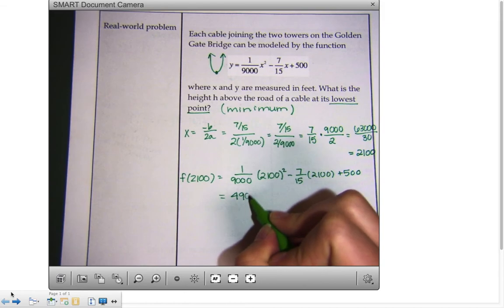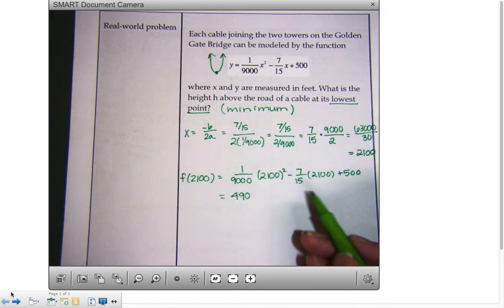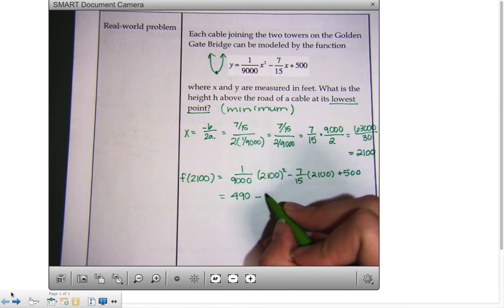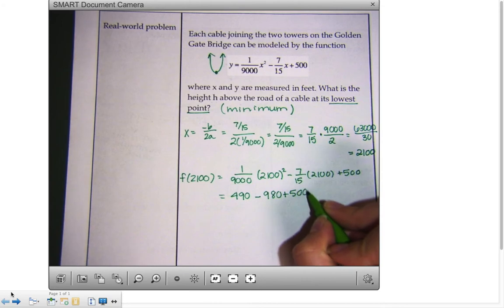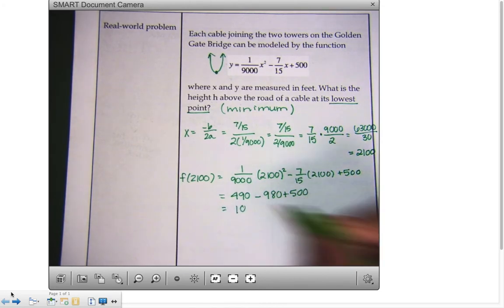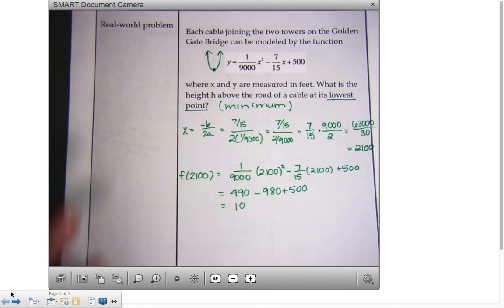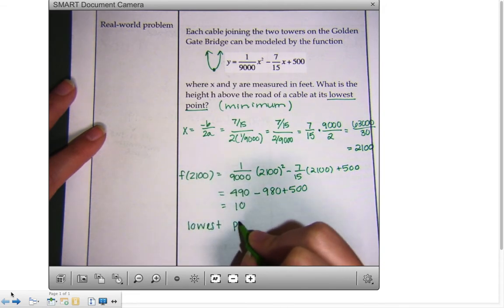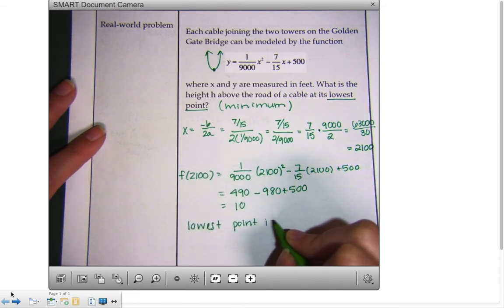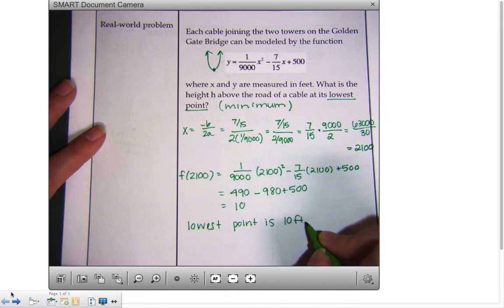Make sure you know how to do that in your calculator. 7/15 times 2,100, I get minus 980 plus 500. Ends up just being 10. So what that tells me is that the lowest point of the cable above the road is 10 feet. So we could say the lowest point is 10 feet above the ground.